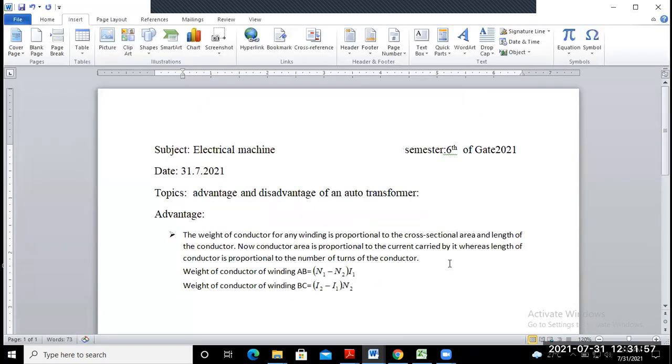So what is the total weight of conductor of the two windings? That means the summation of these two windings, AB and BC.